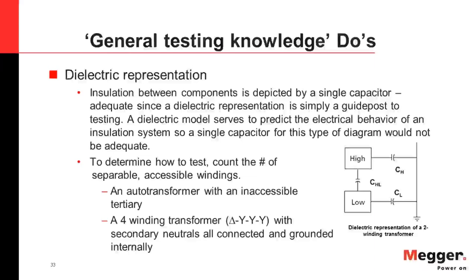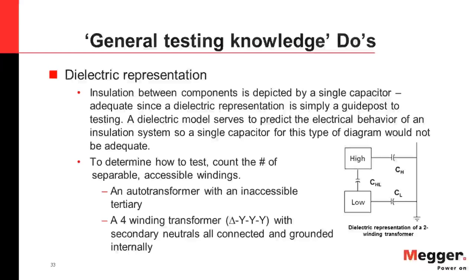The delta winding, 1, and secondly, the 3 Y-connected secondary windings, which will be tested as 1 winding since they can't be separated. As for accessibility, while the delta winding is fully accessible, the neutral terminals of the secondary group are not, making it impractical to disconnect that secondary grouping from ground.